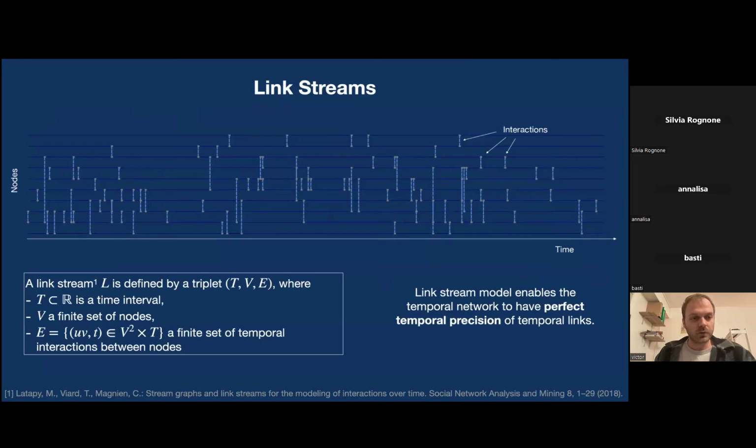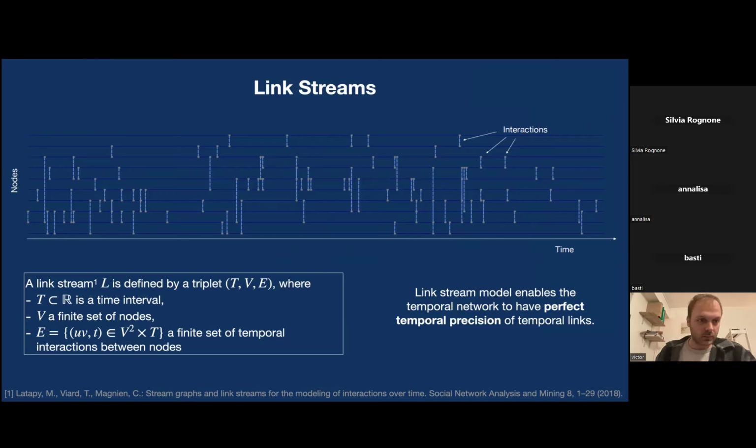What you see on the screen is an illustration of a link stream. The horizontal blue lines are the nodes, and the vertical dashed light blue lines are interactions, and you have time from the left to the right.